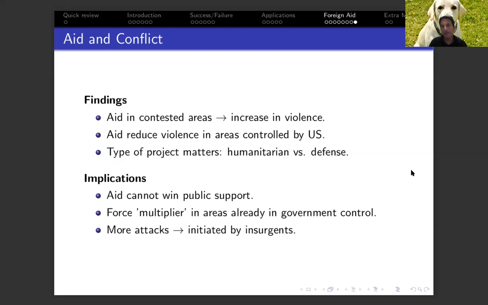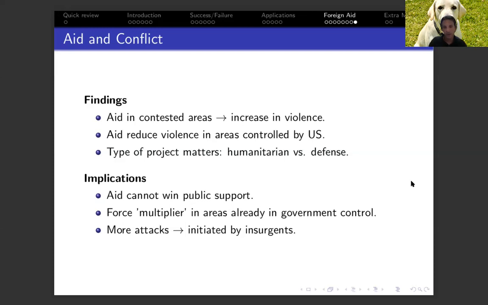But at the same time, it does not provide incentives for the government to engage in any actions that reduce violence against the rebels. It leads to the exact opposite effect. The attacks are mostly initiated by the insurgents and not the government. That's the negative effect that aid has in this kind of context.